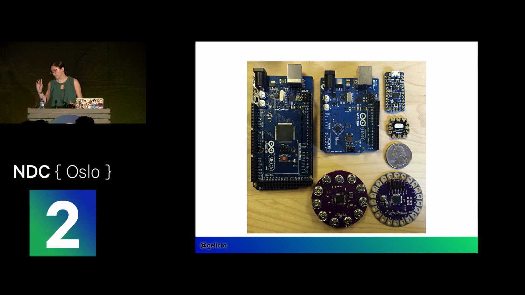And the Arduino Mega, which is the one on the left of the Uno there, is just for really big projects where you're plugging in a bunch of sensors and LEDs and you need more pins and a little bit more processing power to do everything. And the two round ones down there are meant for textile circuits.